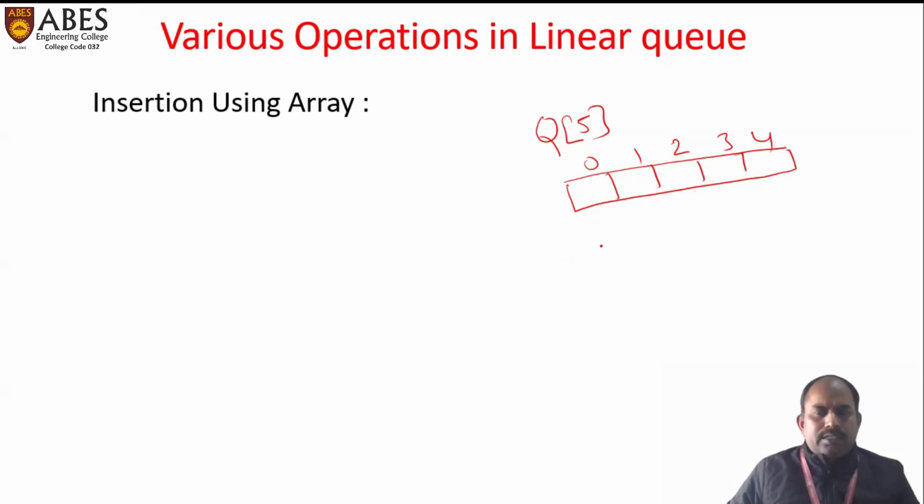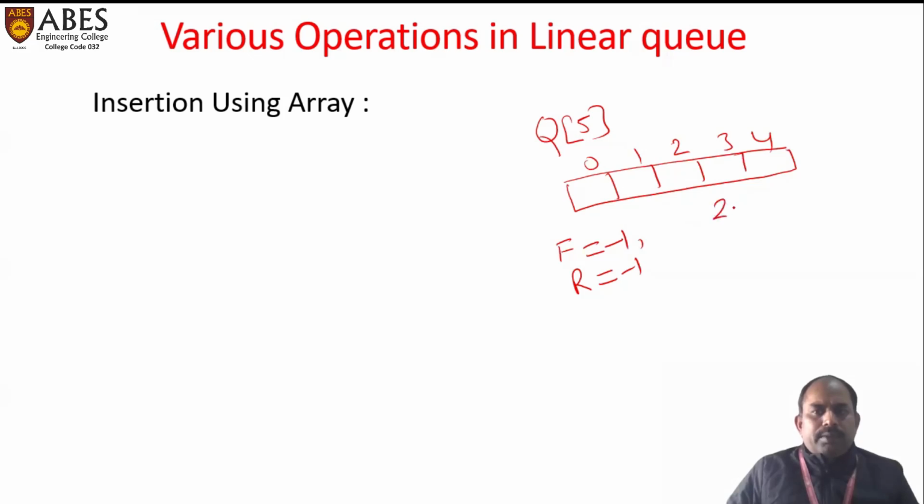Suppose in the starting, the values of front and rear are both -1. So let's assume here front is equal to -1 and rear is equal to -1, because in the starting the queue is empty.